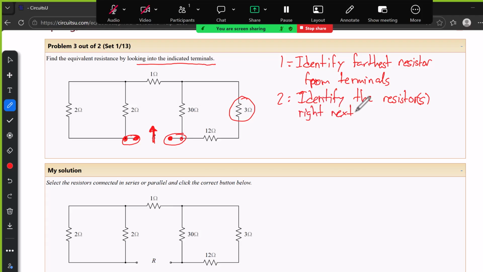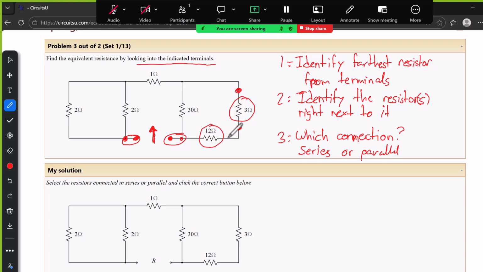And then we need to know which connection they are sharing, whether the connection is series or parallel. So the terminals of the 3 ohms are here, right? Right next to the 3 ohms, closest to it, is the 12 ohms here.